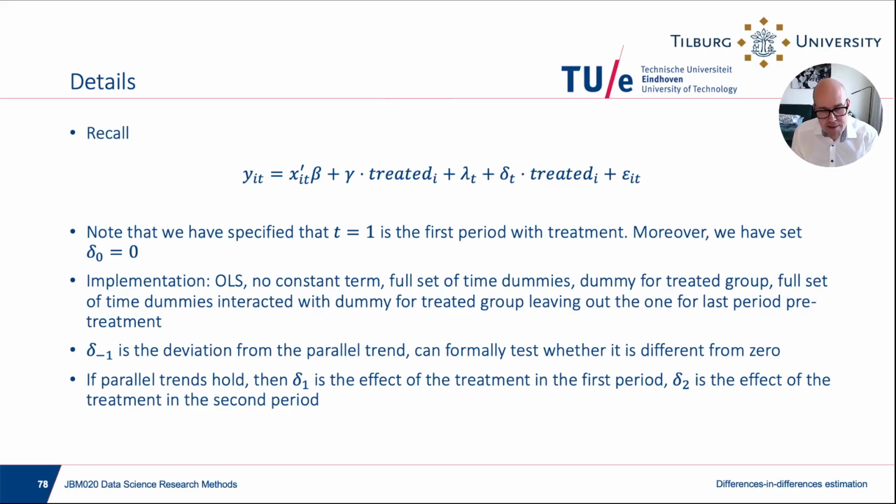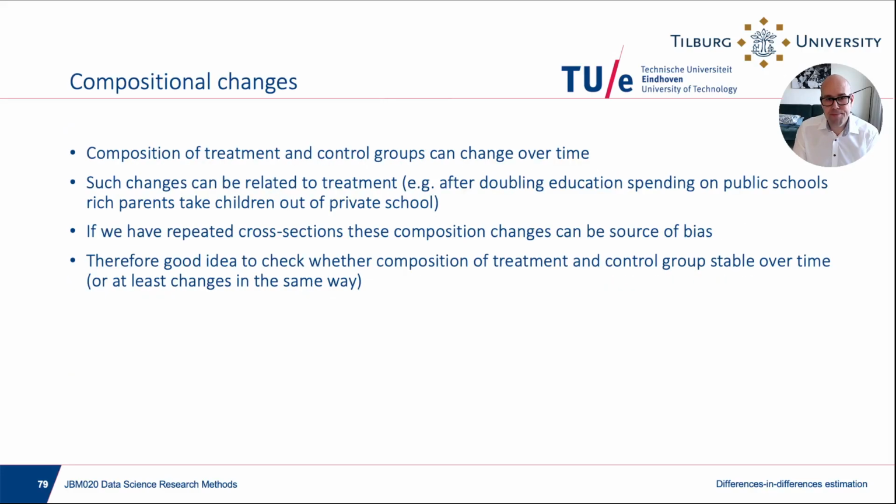And hopefully it's not, which then gives credibility to your analysis. If parallel trends hold, then as I said, delta 1 is the effect of the treatment in the first period, and delta 2 is the effect of the treatment in the second period. That is sometimes called a dynamic treatment effect framework, because we allow for the evolution of the treatment effect over time.